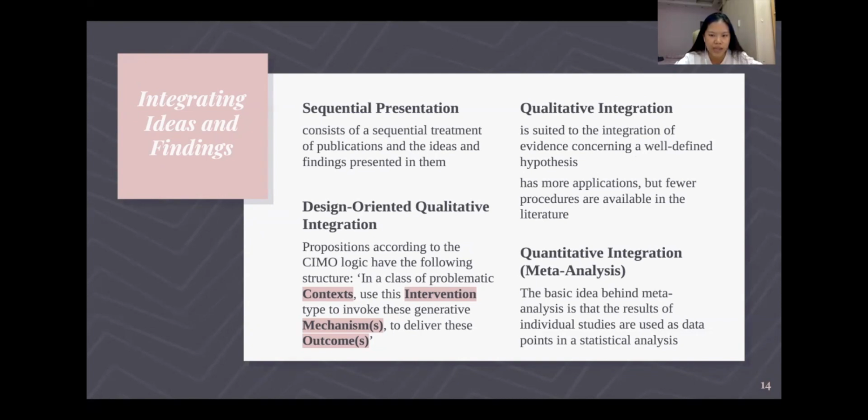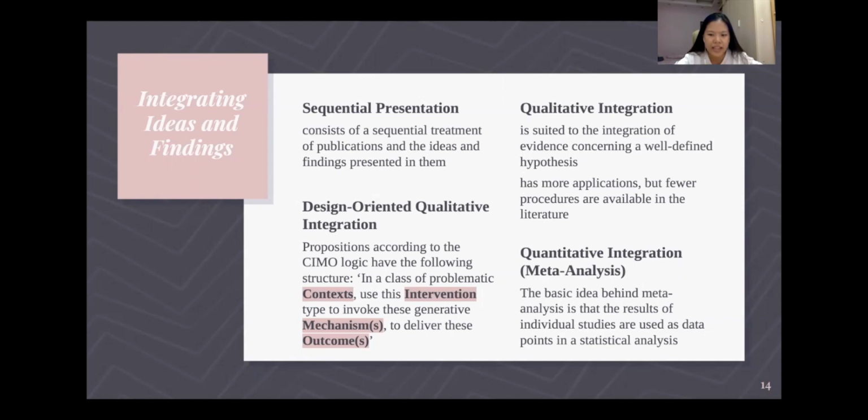One type of qualitative integration is design-oriented qualitative integration. This approach focuses on formulating propositions using the CIMO logic with the following structure: in a class of problematic contexts, use this intervention to invoke these generative mechanisms to deliver these outcomes.